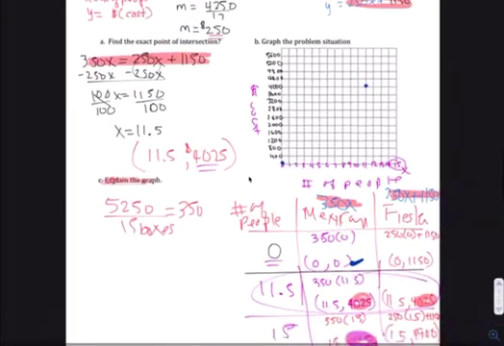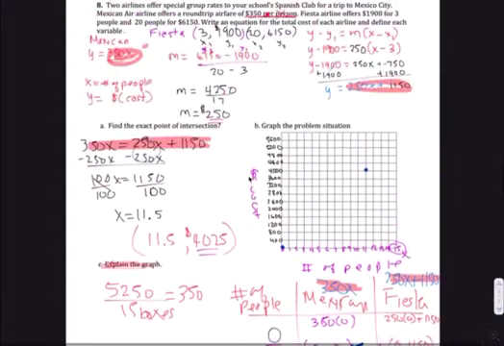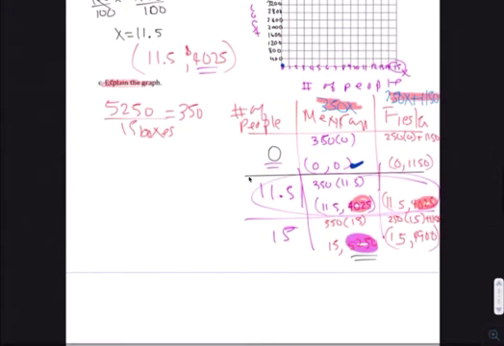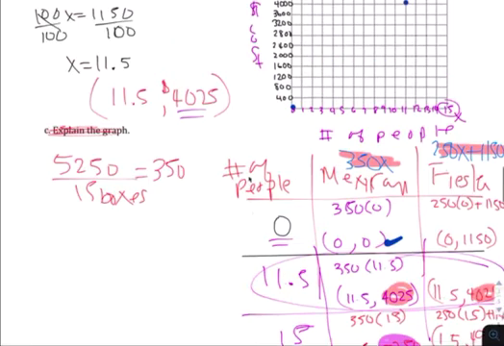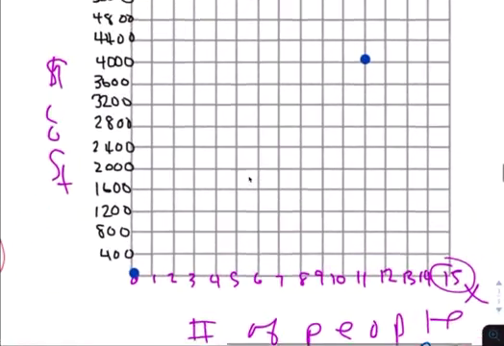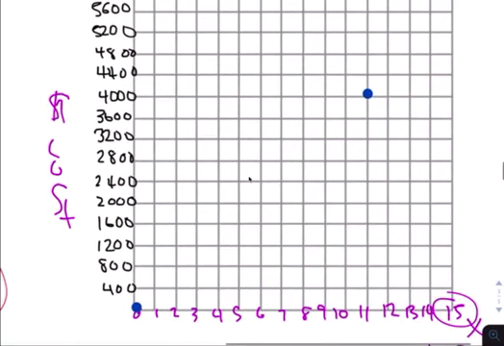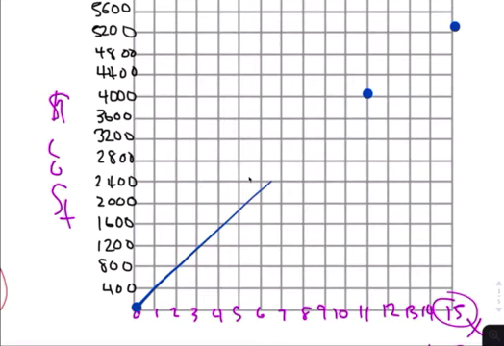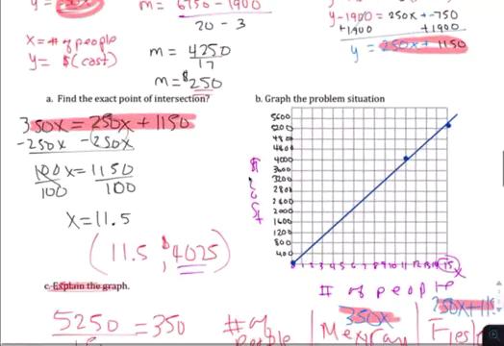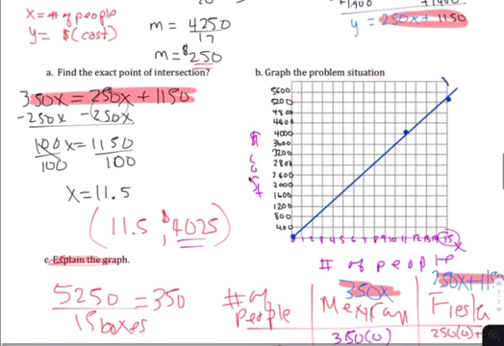And then 15 is 5250. Right there. Connect the dots. Label it. Let's just mix it.